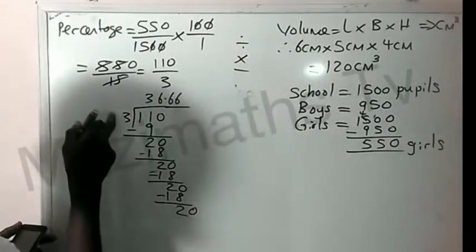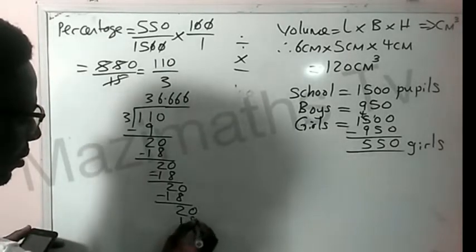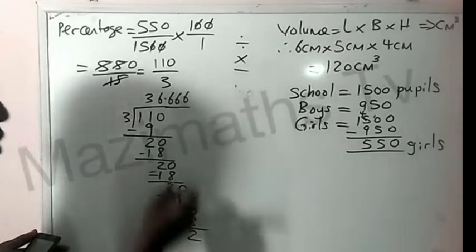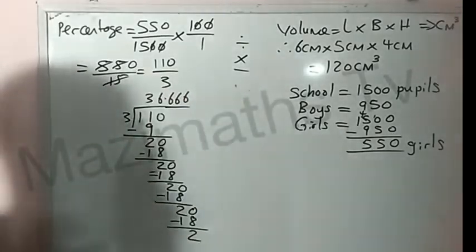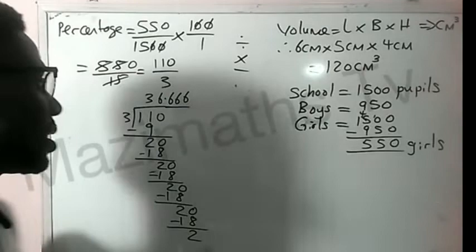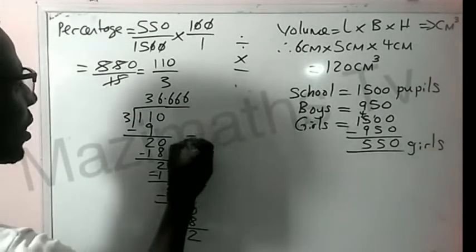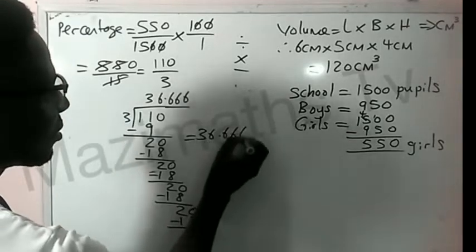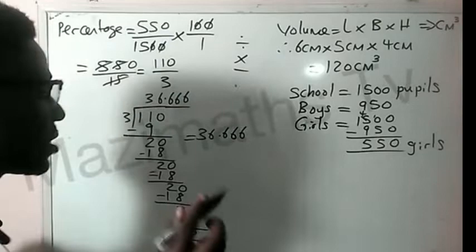If you continue doing this, you continue having 6, 6, 6. But since we are asked to correct our answer to 2 decimal places, and you have 3 decimal digits here, you should stop. So here we have 36.666.